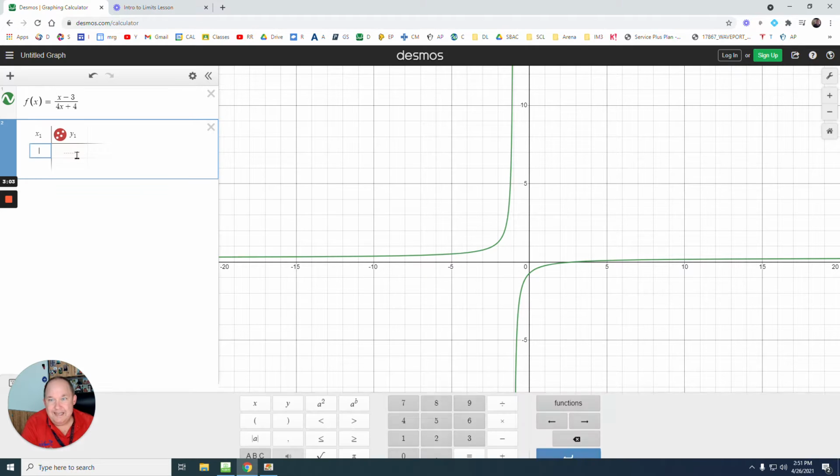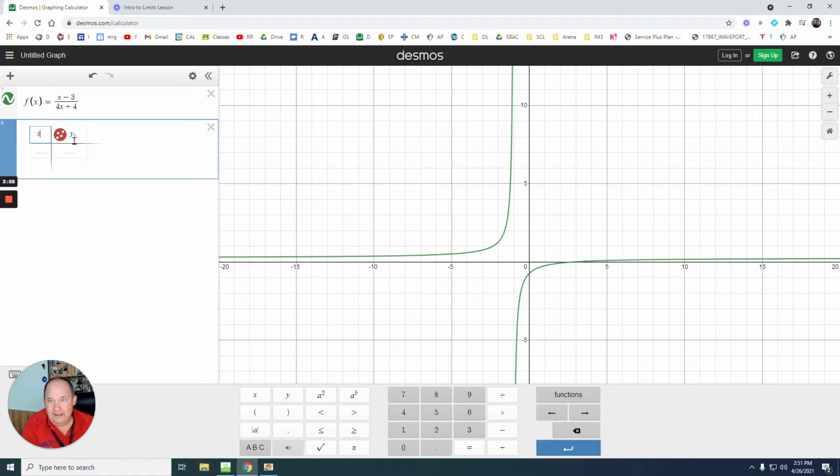If I do a table, and I call this x, and I call this f of x, and then I put in numbers that are close to negative 1. So if I go from one side, it'd be like negative 1.003, negative 1.002, negative 1.001, oops, that's not right.